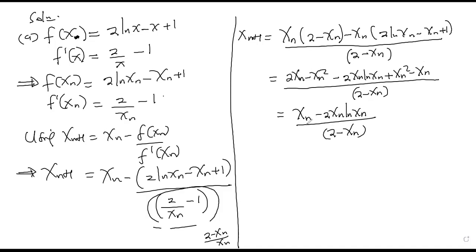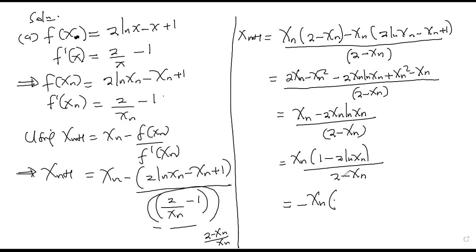Now looking at this, we can factorize out xn being common either way. So we shall have xn into 1 minus 2 ln xn, then everything over 2 minus xn. Here, if we move out a negative, it will be minus xn, and this one now will become -1, of course, when you move out a negative and this is positive.